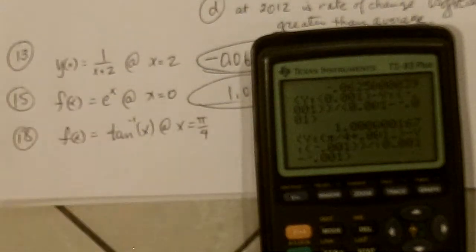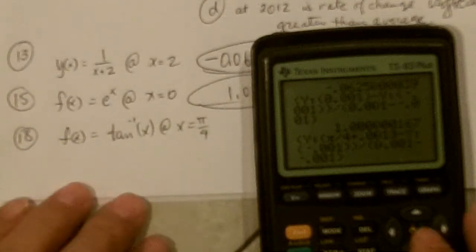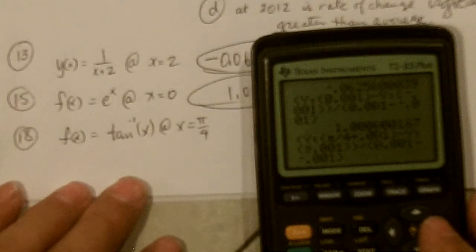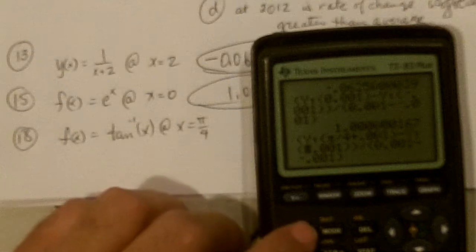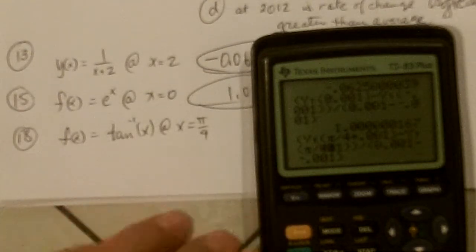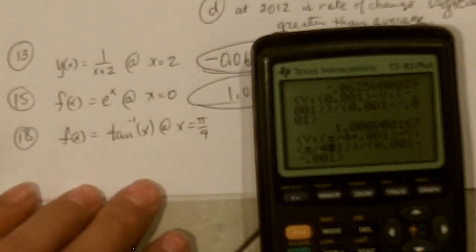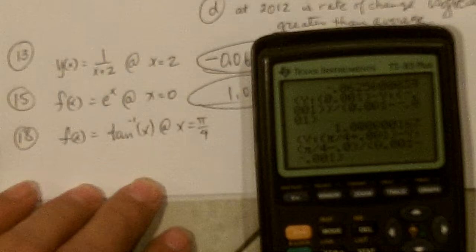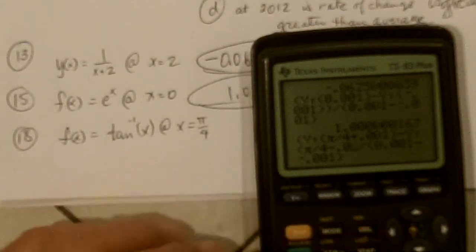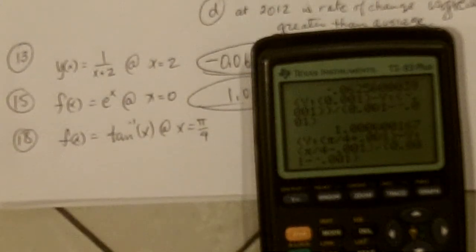So that's a little bit past pi over 4, minus pi divided by 4, a little bit before it would be minus 0.001.